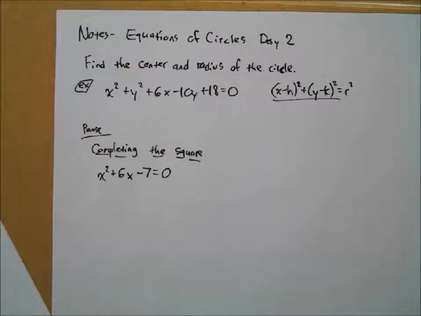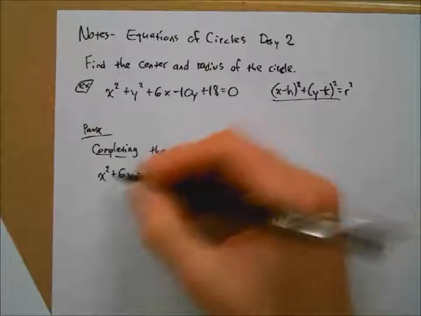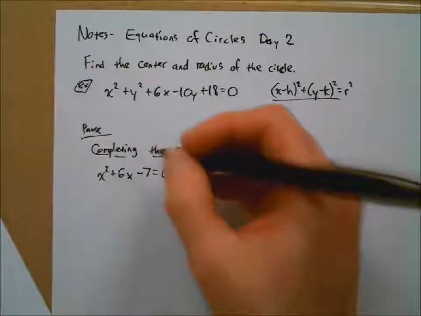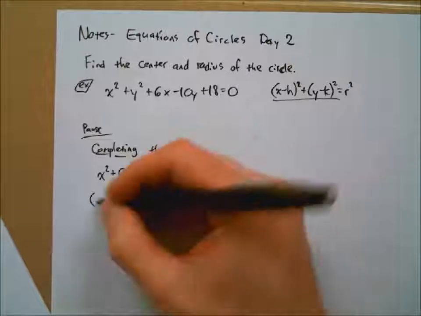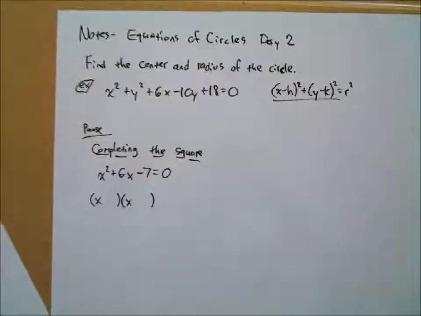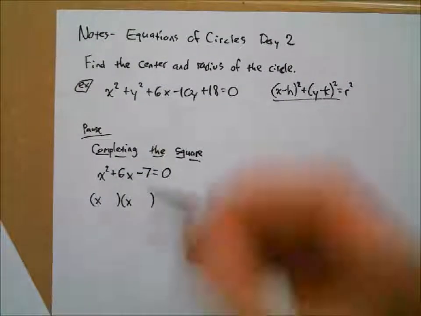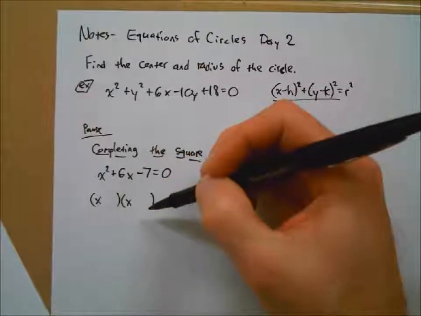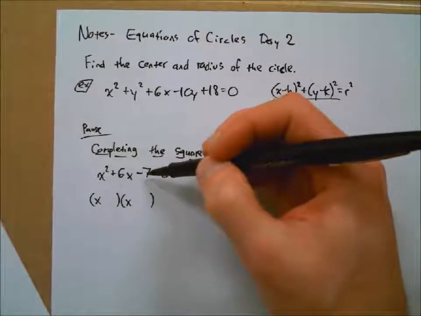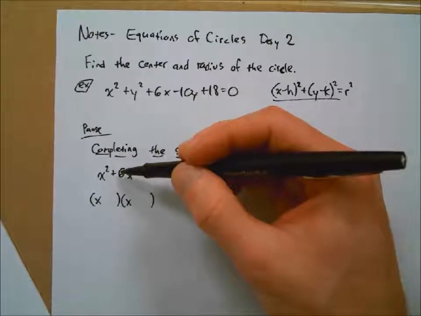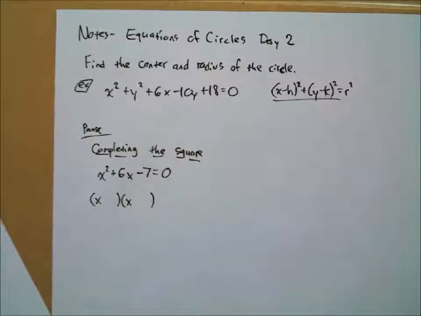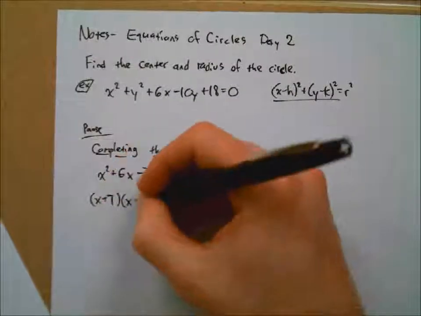But we know, right, that to solve an equation like this, we can solve this by factoring, right? We know that an x has got to go there, and an x has got to go there, right? And we need to come up with two numbers that multiply to make the negative 7 here, right? And these same two numbers are going to have to add to make the 6 there, right? And so what two numbers are we going to put there? Negative 1 and 7, or 7 and negative 1. Exactly right. So I'm just going to put it in that order right there.